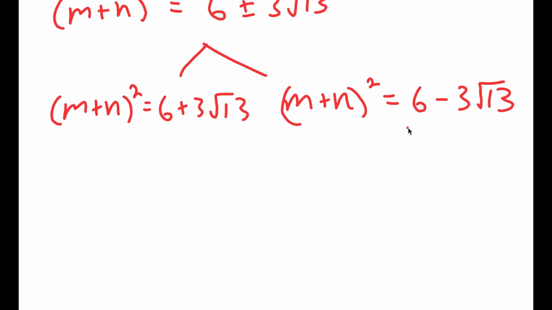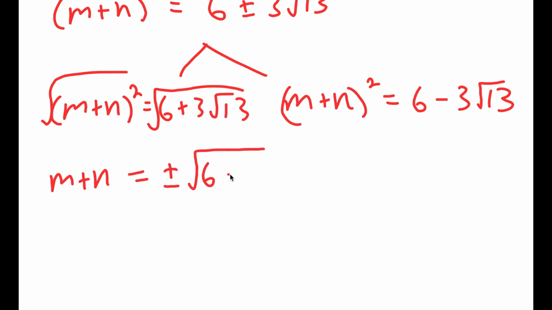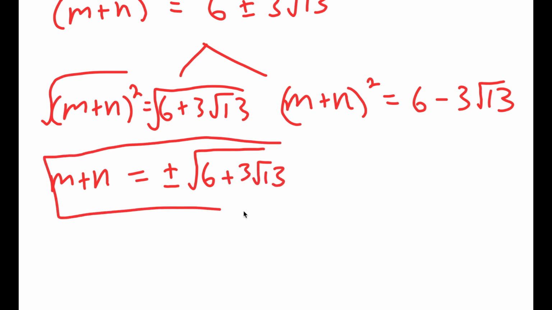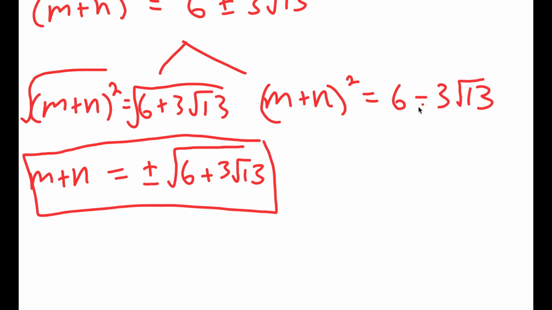So this means that if I take the square root on both sides, m plus n is equal to positive or negative square root of 6 plus 3 root 13. So this is my value of m plus n, and the reason the other equation doesn't have a solution is because any number squared is going to be positive, not negative, but 6 minus 3 root 13 is a negative number, so that can't work out.